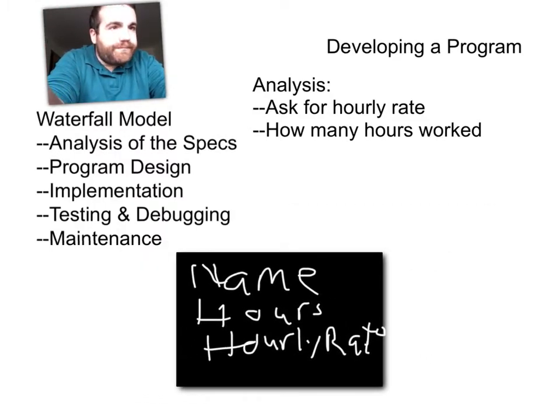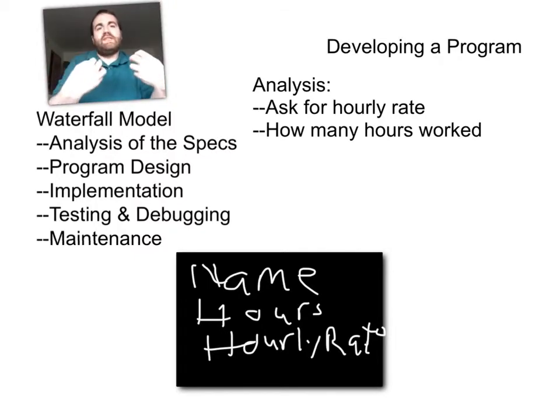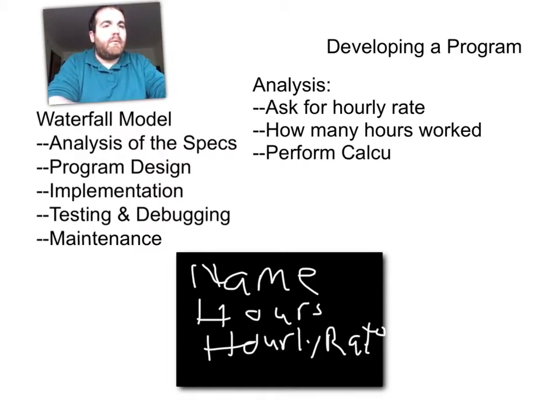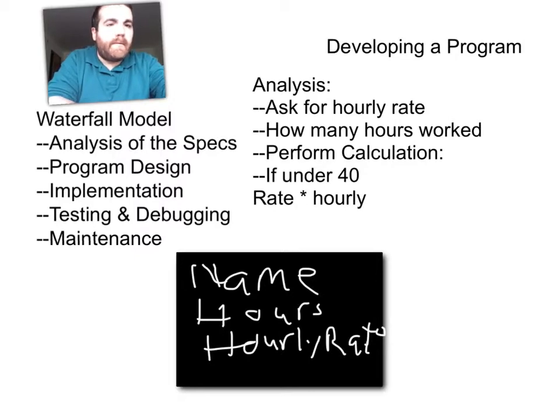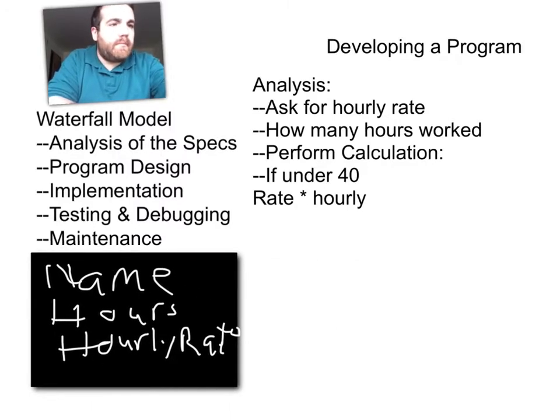So after we figured out we're bringing this in, then it needs to perform a calculation. And we can even conclude that we could use if statements here. So if under 40, we do rate times hourly. Continue on.